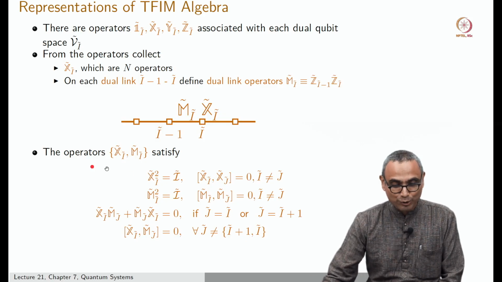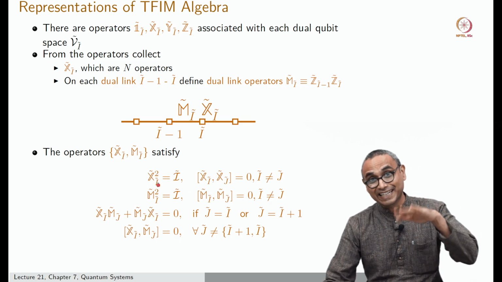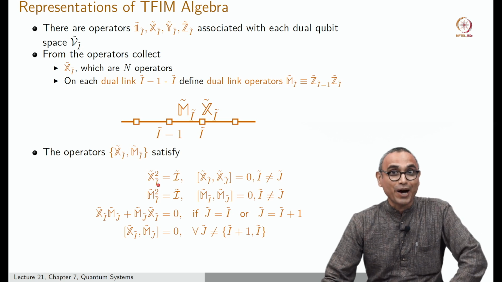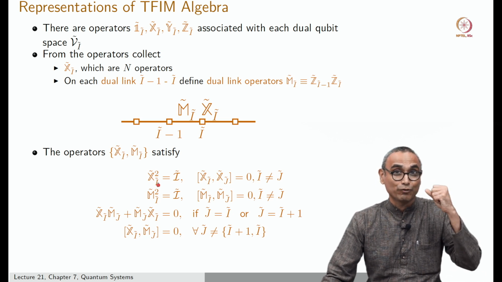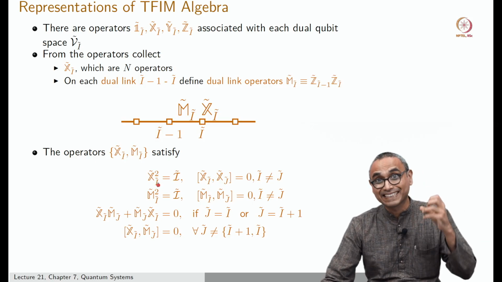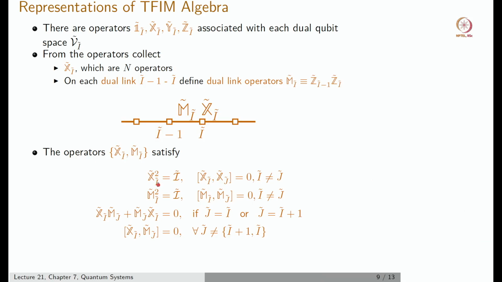So you can just check for yourself that x tilde squared will become identity in the dual space, and so on. So what have I done for you? I have generated for you a different representation of the same algebra that was represented in my transverse field Ising model. So this abstract set of relationships that we wrote down is realized by qubits on my original lattice as well as by the qubits on my dual lattice.